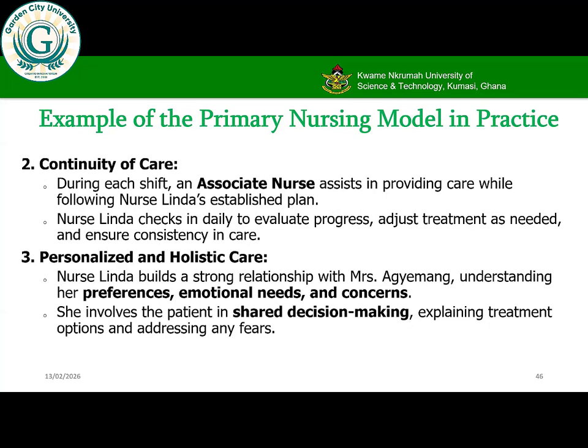During each shift, an associate nurse assists in providing care while following Nurse Linda's established plan. You will plan for everything about the patient. But once you are not there, you hand over your plan to the associate nurse. When you come back, the associate nurse also informs you about what went on. So Nurse Linda checks in daily to evaluate the progress, adjust treatment as needed, and ensure consistency in care.